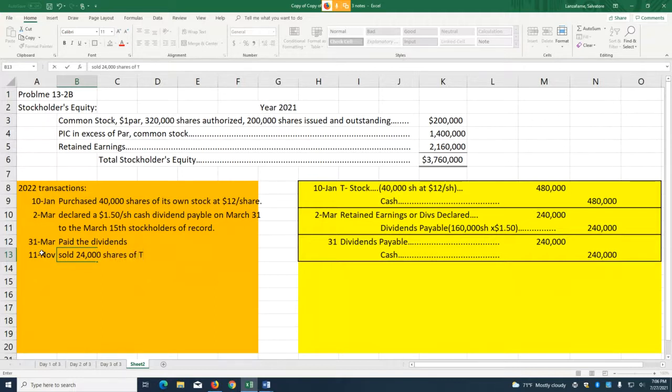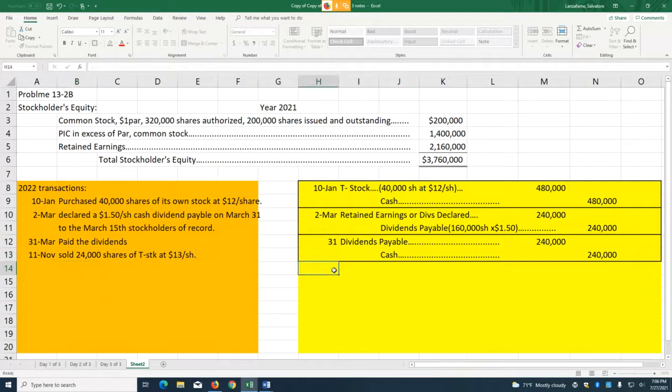And help me out, what is the new price of the stock? It's the new one's at 12? My book says 13. Okay, all right, so 12 was the original, and now we see that the price has gone up. We're like, okay, let's reissue some of our shares back into the market. We're going to make some money. So at $13 a share.